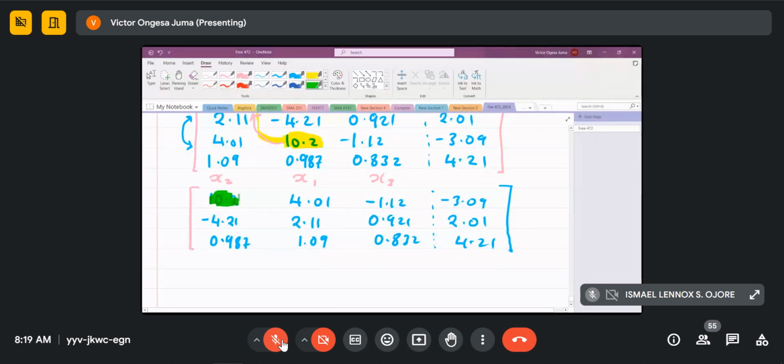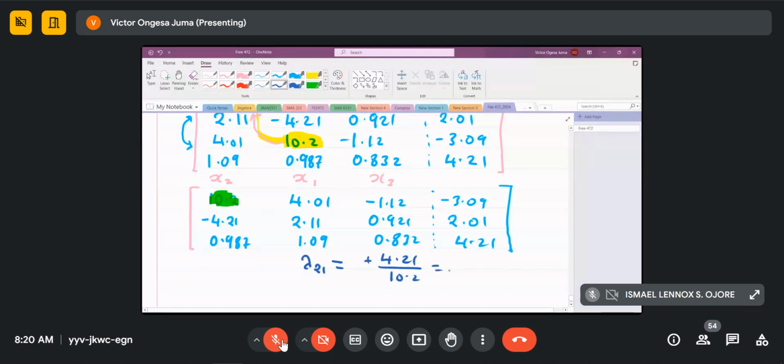Silence means okay. So once we have moved, the largest element is our pivot element, and then we can now define our multipliers. And since there are so many decimals, you can do your answers to maybe 4 significant figures. So I can say that multiplier 21 is the same as minus negative 4.21, so it will be plus, divided by 10.2.